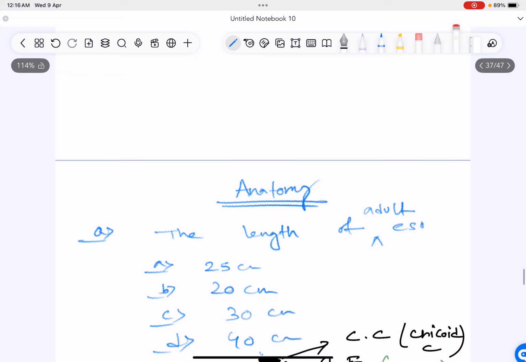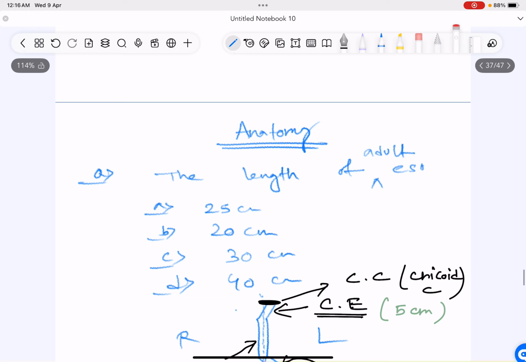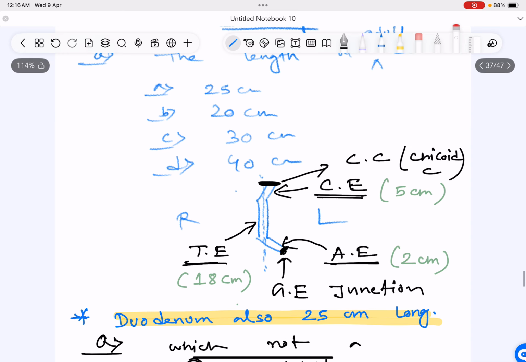So what is the length of the adult esophagus? Out of the four options, the answer is option A, 25 centimeter. It has three divisions: cervical esophagus, thoracic esophagus, and abdominal esophagus.